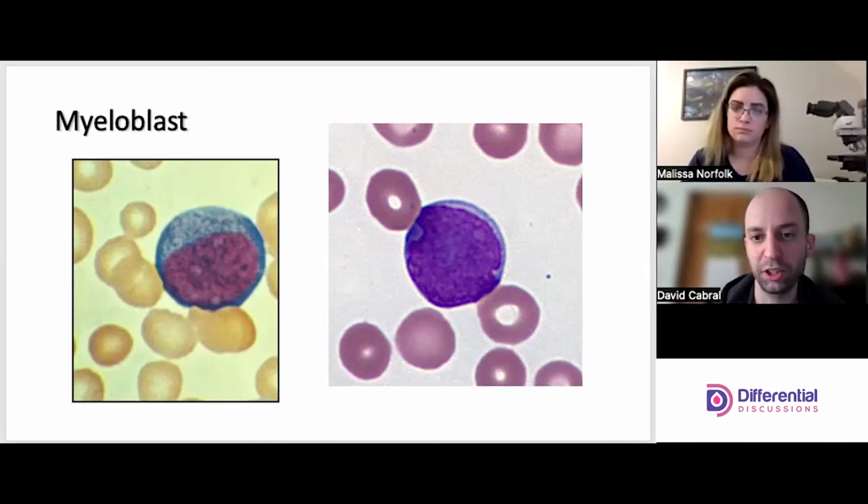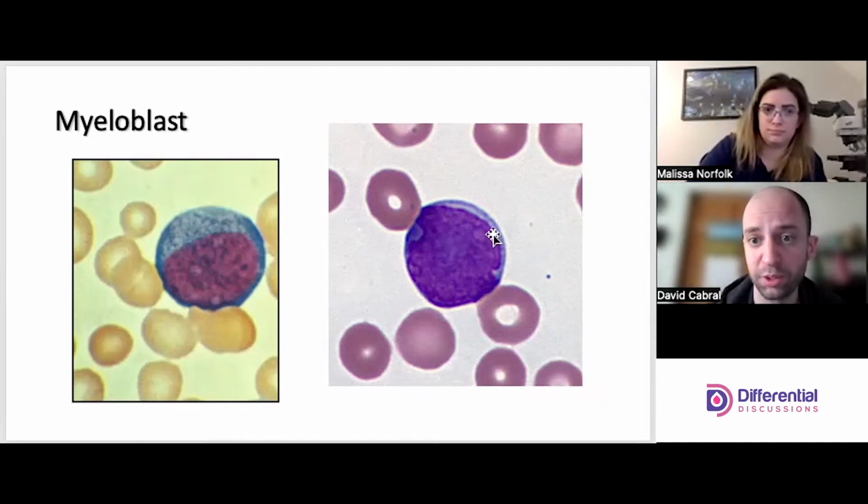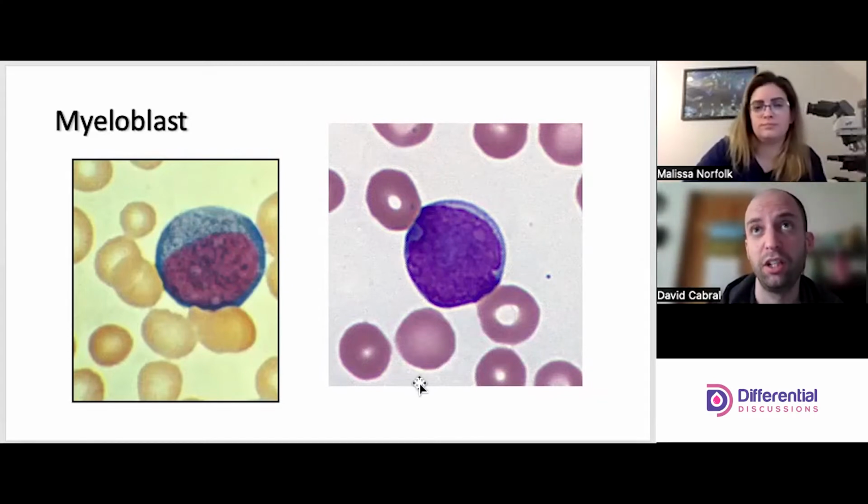But generally speaking, you have a homogeneous chromatin pattern that's kind of loose and soft. And you have nucleoli. These are the circular or oval type shapes. Yep, excellent. There's one right there.